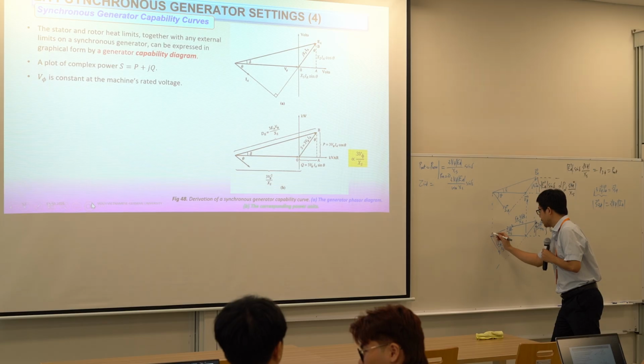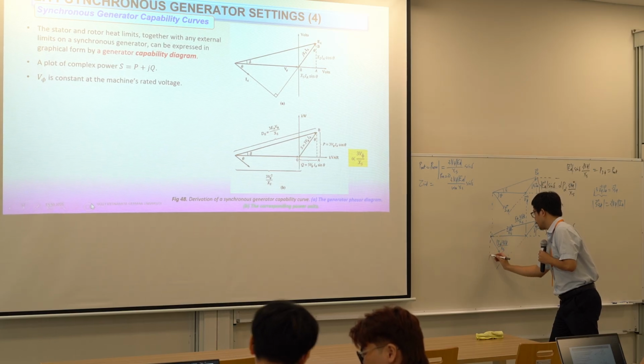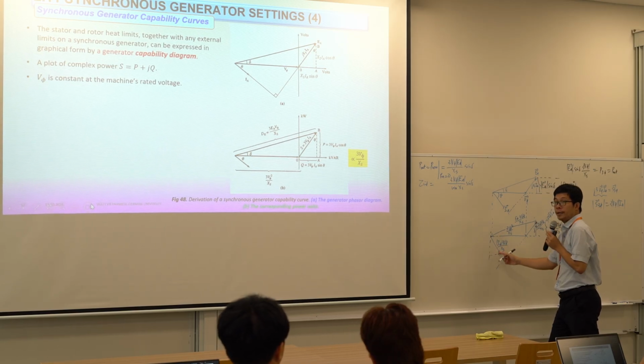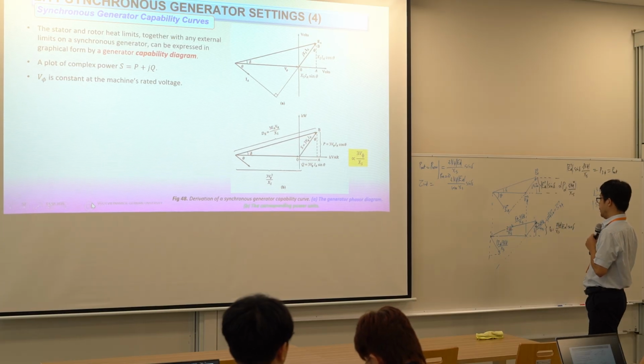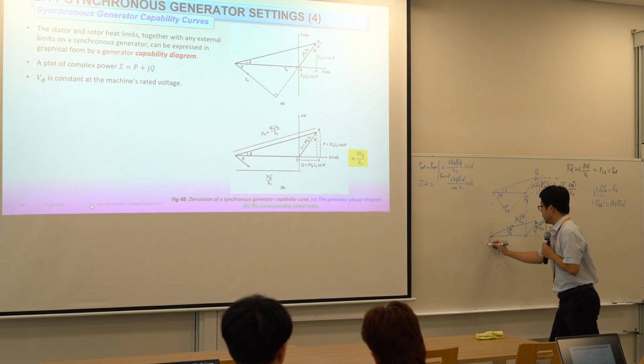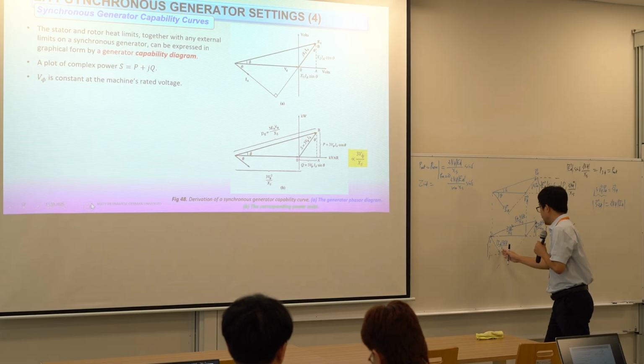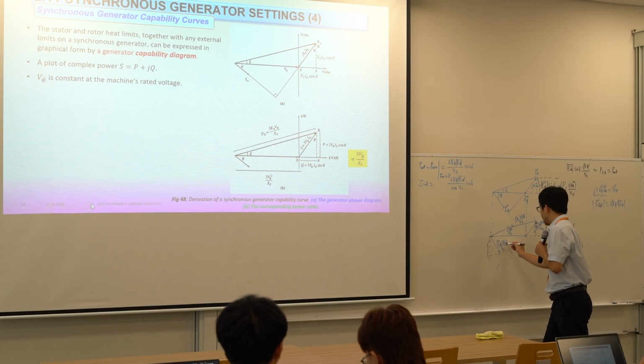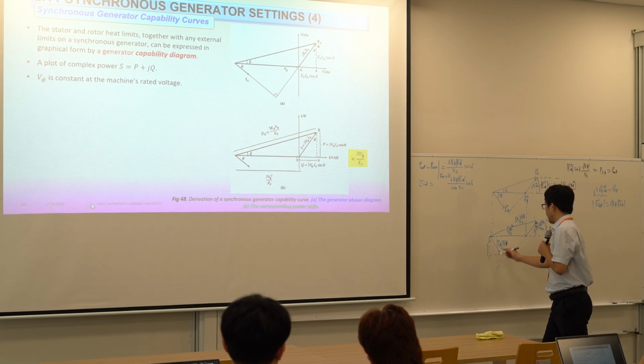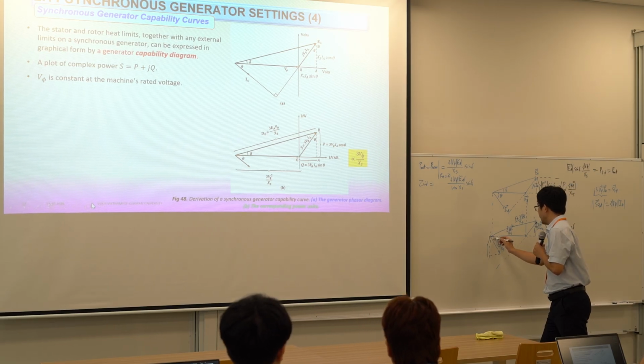And what is it? This one is Q. Why? Because here we have the segment IA, 3V phase over XS, right? And this is theta. So this one is theta.